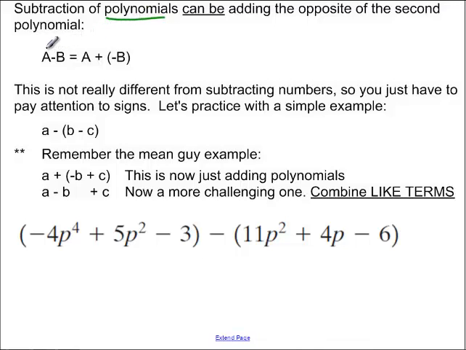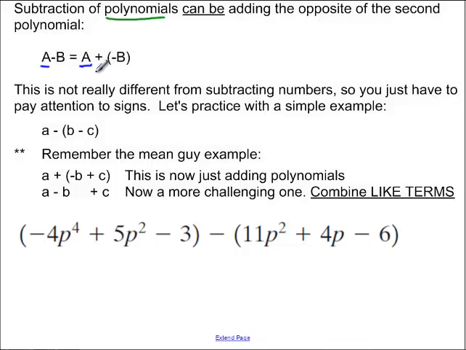The book talks about subtraction of polynomials as addition of the opposite. So if we've got polynomial A and polynomial B, we can take a look at A minus B, B subtracted from A. We just rewrite A as a polynomial.